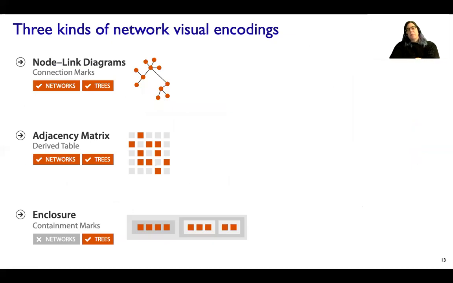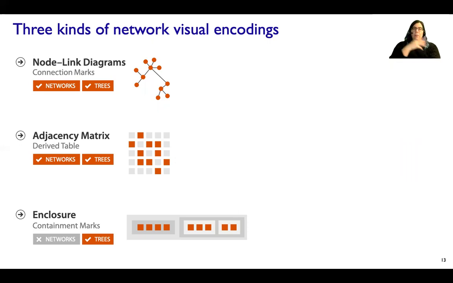So today we're really going to focus on three major families of visual encodings, of layout approaches for graphs. One is node link diagrams, where we actually connect between the nodes with a line drawing. So these line segments directly represent the links in a very intuitive and obvious way. That works for both networks and trees. We'll talk about an adjacency matrix where we derive a table and show some things in that.